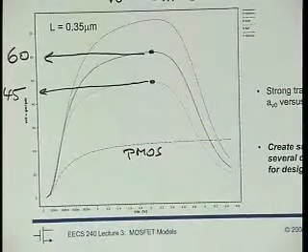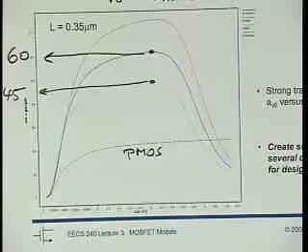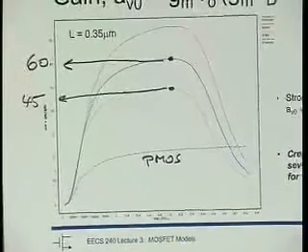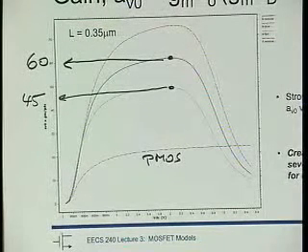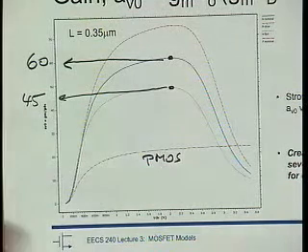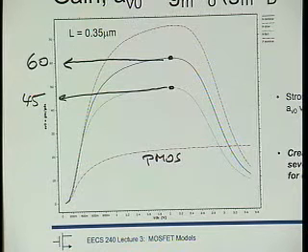Is this realistic? Should we expect to suck a gain of 45 out of a single transistor? Why not? I mean, it says so. Okay.